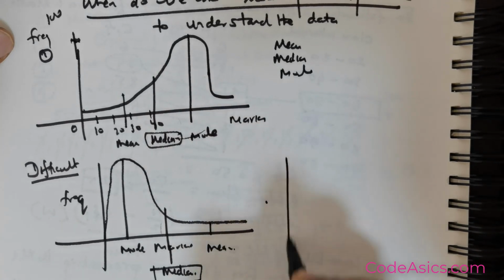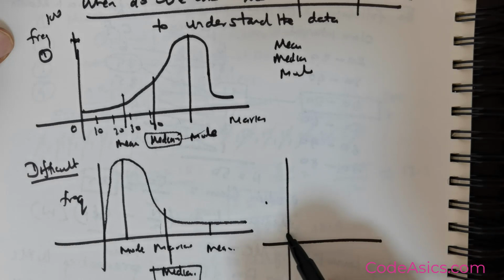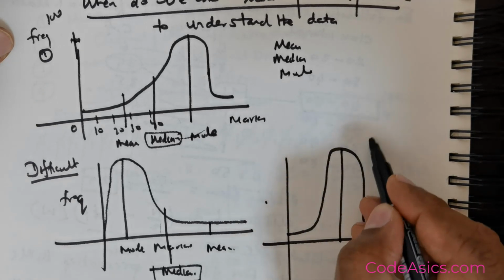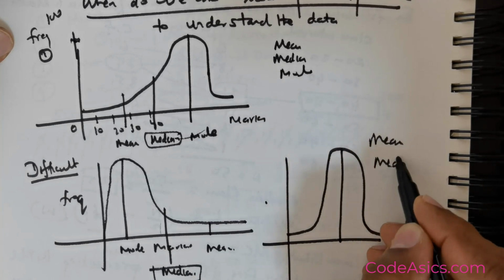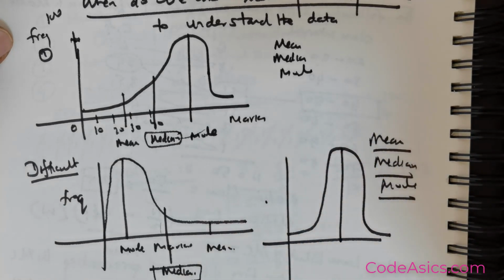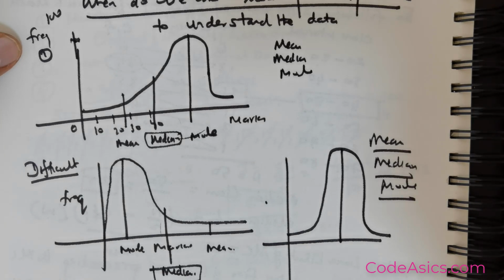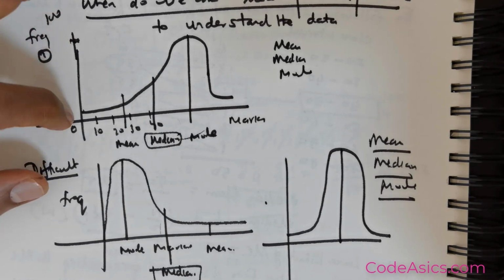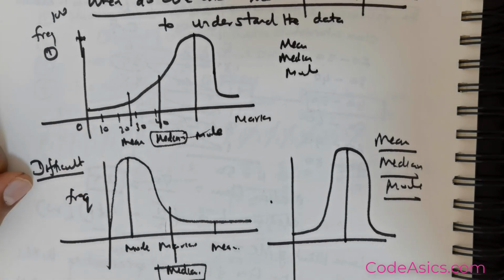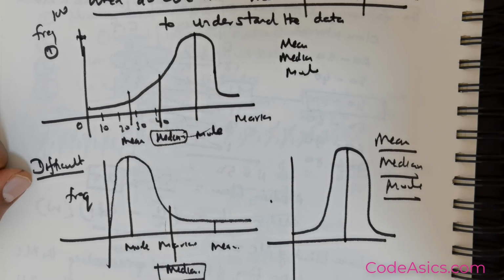Now if the data is normally distributed, so that means you have a normal distribution curve, you can use the mean, the median or the mode to represent or to describe the data. It doesn't matter if you are getting a bell-shaped curve, but whenever you're getting the curves to be skewed like this, you have to go to the median to get a firmer understanding of the data. So that is the knowledge point I wish to give you here.